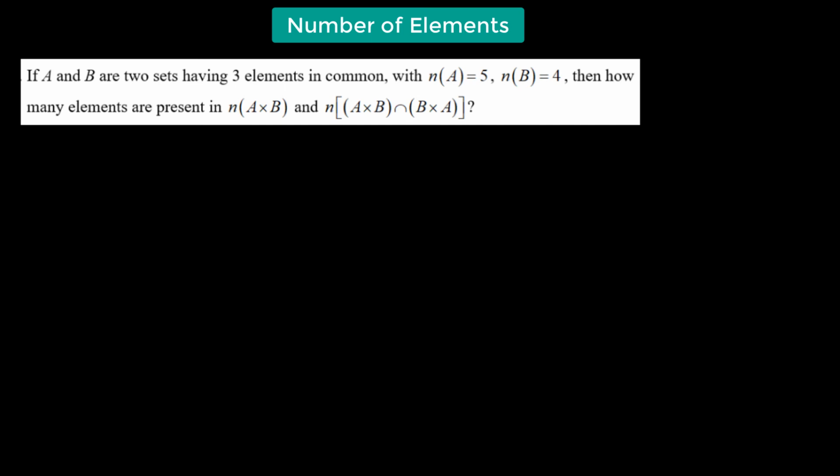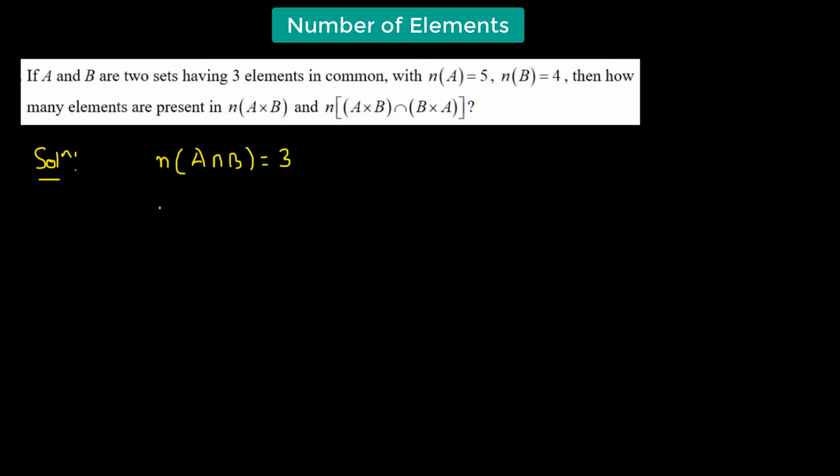Now we have to find out how many elements are present in the Cartesian product of A and B, and the number of elements present in the Cartesian product of A and B intersection the Cartesian product of B and A. Now it's given here that A and B have common elements, so that means the number of elements in the intersection of A and B is equal to 3.